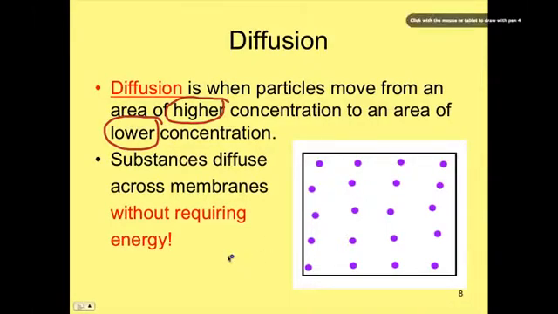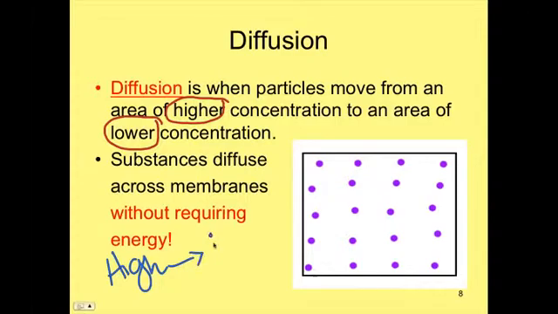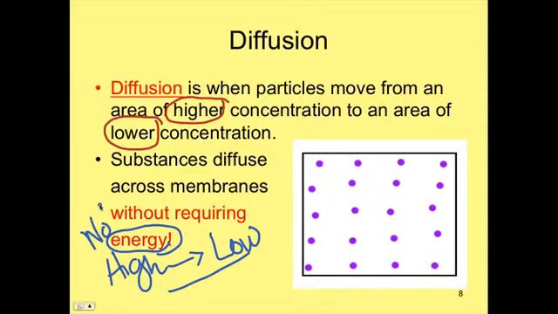So what this is saying is when something moves from an area of high concentration to an area of low concentration, no energy is required. Absolutely no energy, because it's going with the concentration gradient.